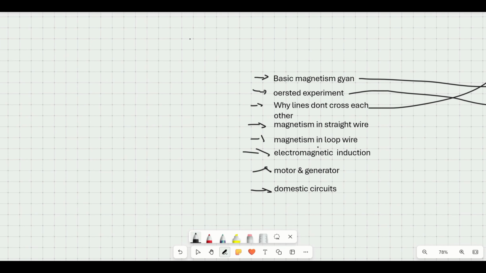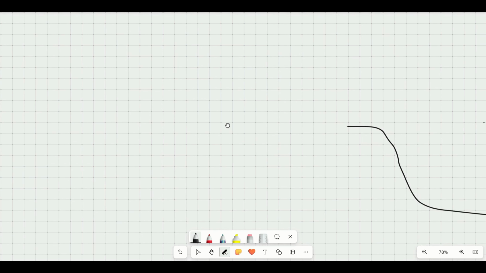Then we will come to the main core of the chapter. First is magnetism in straight wire, second is magnetism in loop wire. Let's take this to here.